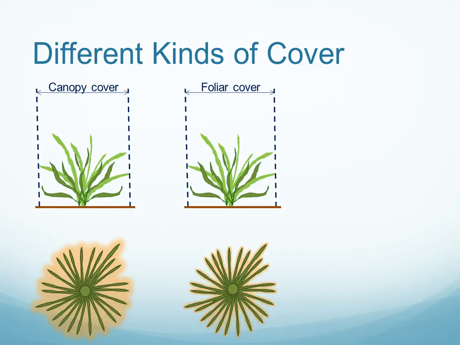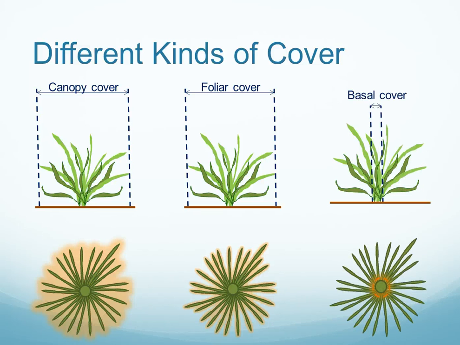And the last kind of cover that we're going to examine here is basal cover. Again, we have the same plant, but here with basal cover, we're interested in the cover that is provided by the base of the plant. And so the width of the basal cover is defined by the diameter of the base of the plant.